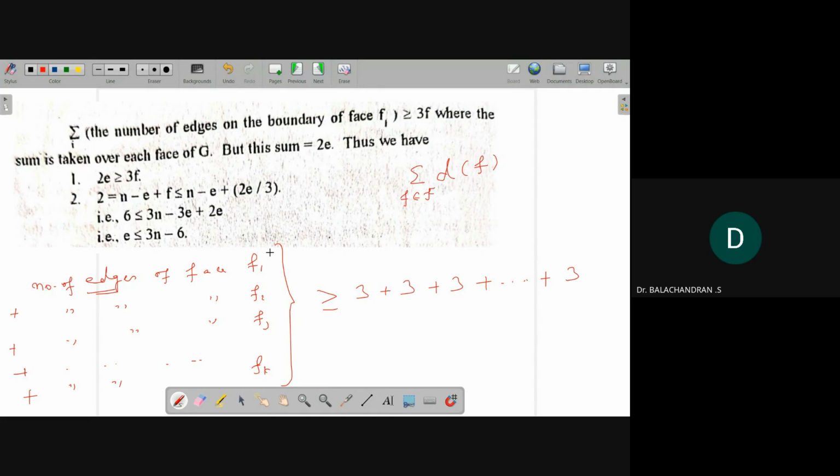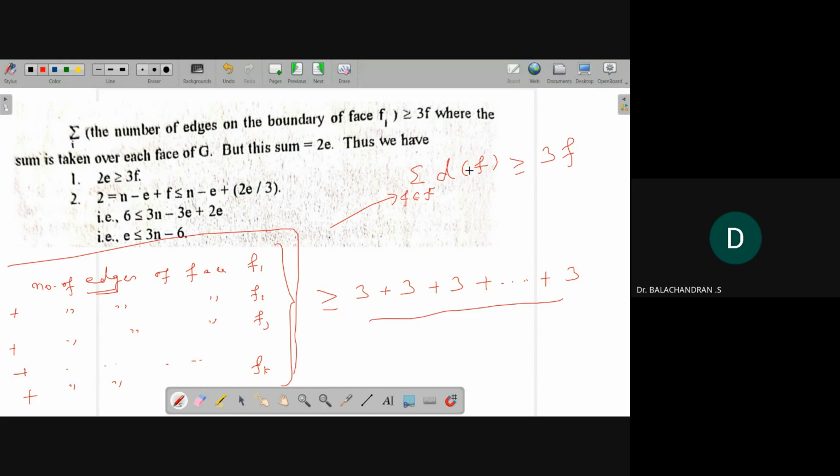This total sum is greater than or equal to 3 times the total number of faces. I will take F as the total number of faces.